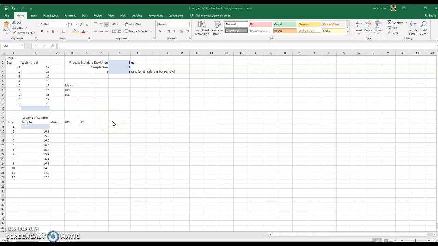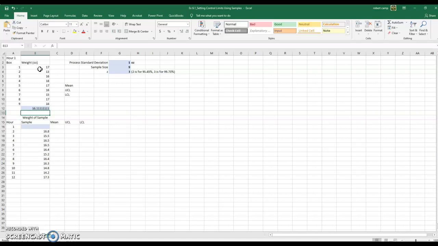So how do I figure out what the average of my sample is? Well, that one's easy. We're just going to average that up. We'll go average, and we will grab our 9 samples. For the first hour, the average weight in the boxes is 16.1, repeating.